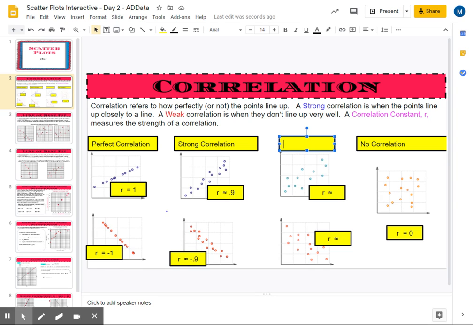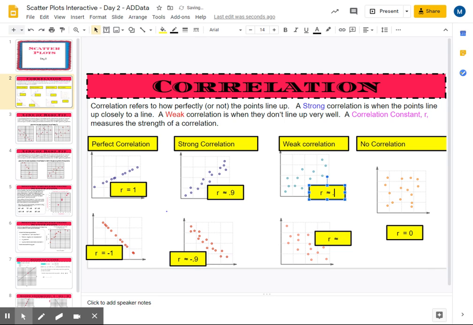All right. And then these ones do have a correlation, but it's not very strong because the dots are not very well lined up. So that one's called a weak correlation. Well, that box isn't long enough, so I'm going to stretch it a little longer. Okay, so what's halfway between 0 and 1?